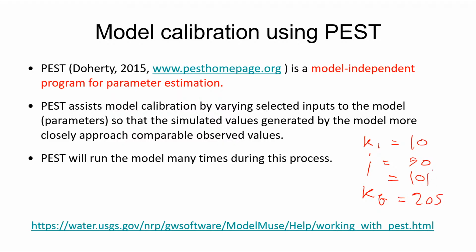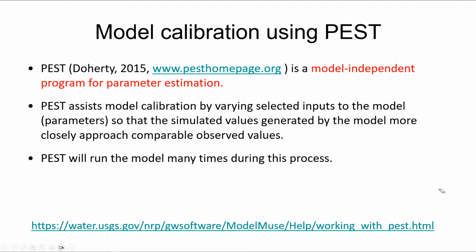It will test these parameter values in the model, and based on the goodness of the fit, if it improves the fit between the observed and the simulated, it will make the next decision and select the next parameter set, and keep doing this iteratively until it finds the k values that give you the best match between what you are simulating and what you are observing.